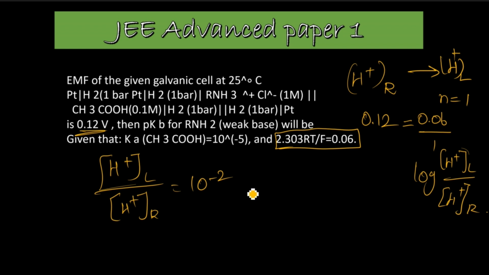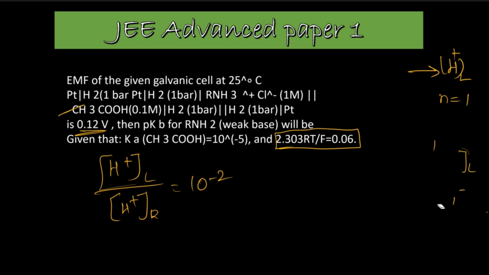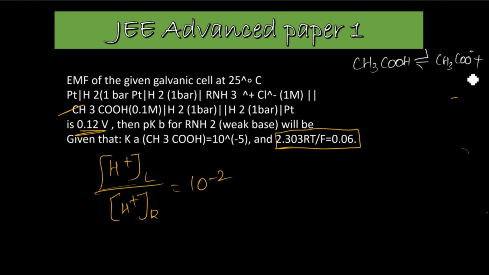Okay. Then I have to find out for the second equation, that is for acetic acid. So for acetic acid reaction, you can take the concentration 0.1. The reaction goes like this, right? Acetic acid with dissociation will produce acetate plus H plus. So 0.1 as a concentration is reduced to 0.1 minus x, which will produce x and x.